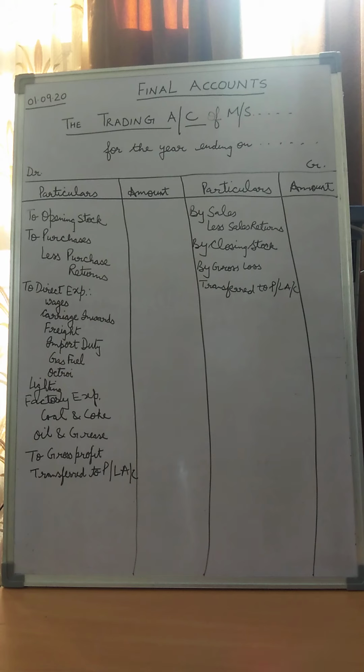The opening stock is written on the debit side and the closing stock is written on the credit side. And kindly note, this closing stock is also shown as an asset in the balance sheet. Why? Because, children, it is the goods which remain unsold at the end of the accounting year. So children, this is how a trading account is made.